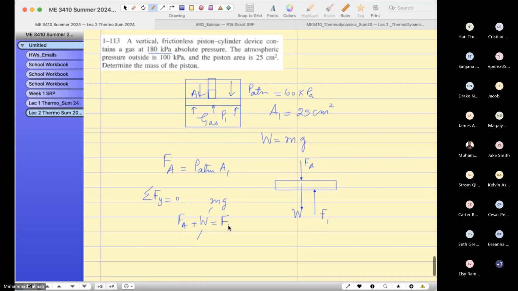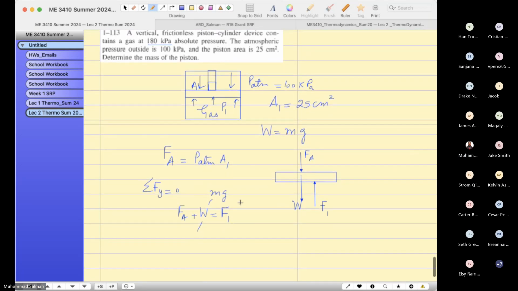So you can find out the individual values here, and the only missing thing is m, which is 20.4 kilograms.